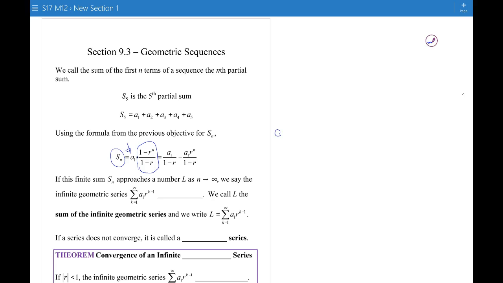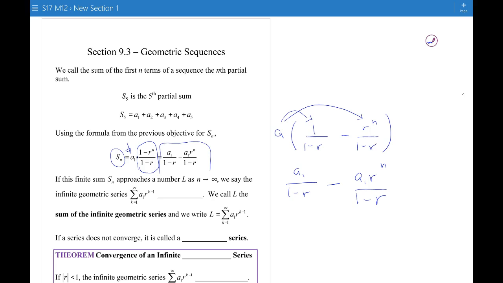Can you see that if I distribute the a sub 1 to each part of that fraction, I get a1 over 1 minus r minus a1 r to the n over 1 minus r? That gives us this formula.